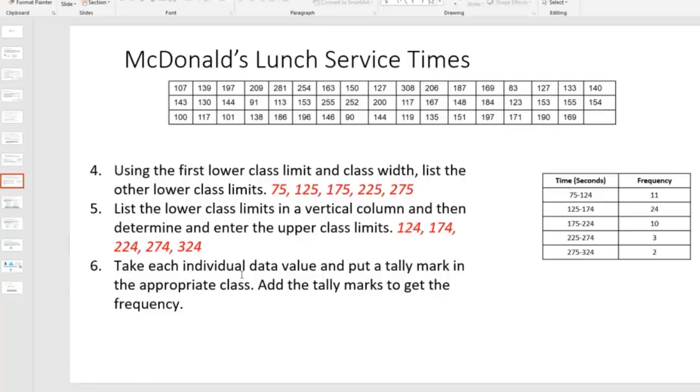Then this is where it can be a real pain if you are doing this by hand. You've got to figure out how many of the data values fall in each class. That would be a real pain to count through, and you'd need some tally marks along the way. You would say, okay, I'm going to look at this data and make a mark for everything that's between 75 and 124. And when I say between, it's inclusive.